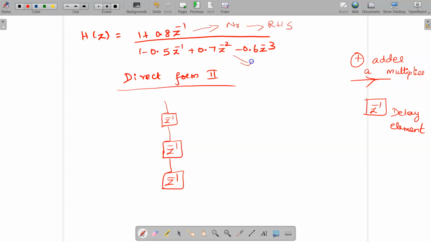Whatever we have in the denominator, we draw on the left hand side. Remember that for the direct form 2 structure, the numerator is always on the right hand side and the denominator on the left hand side.